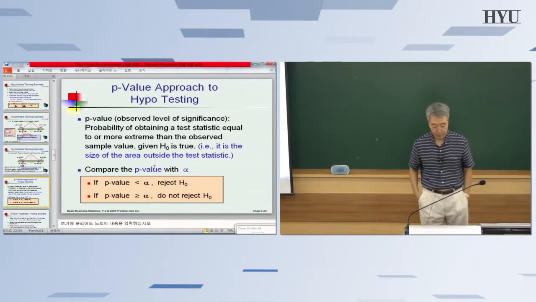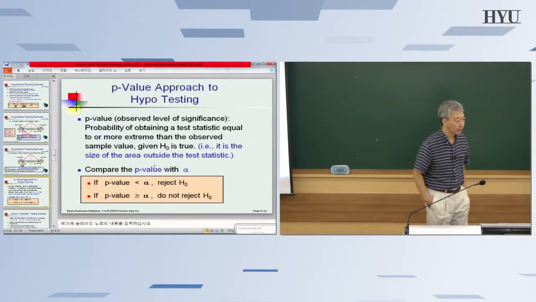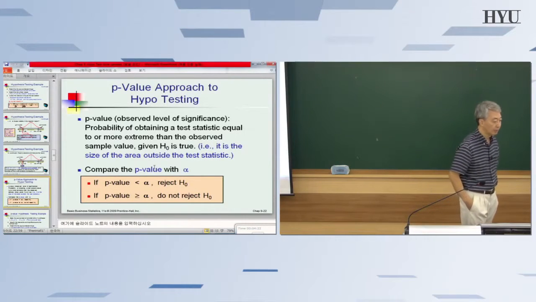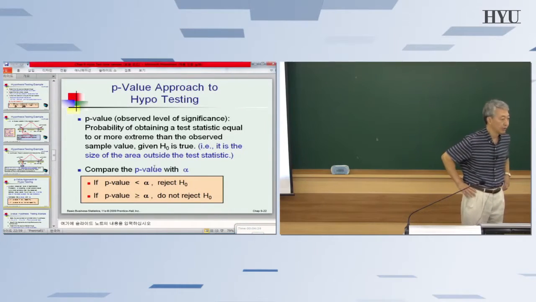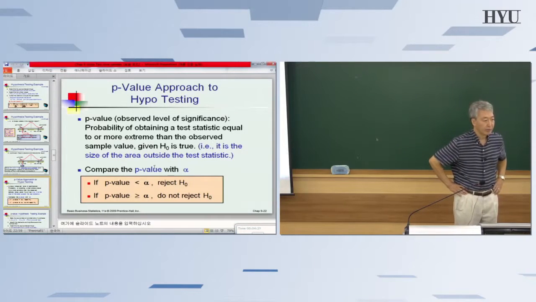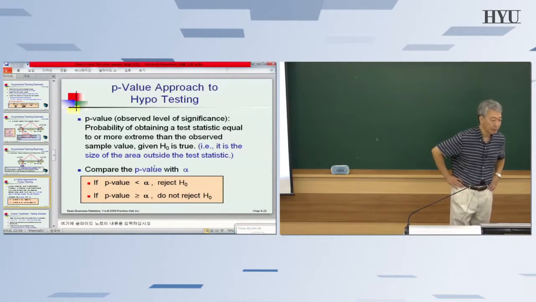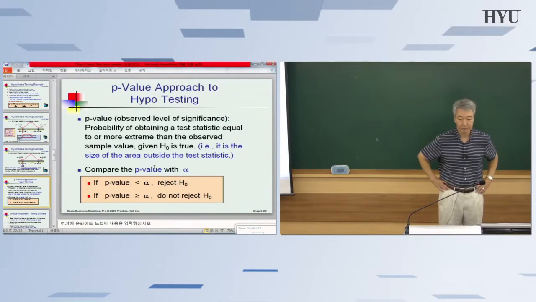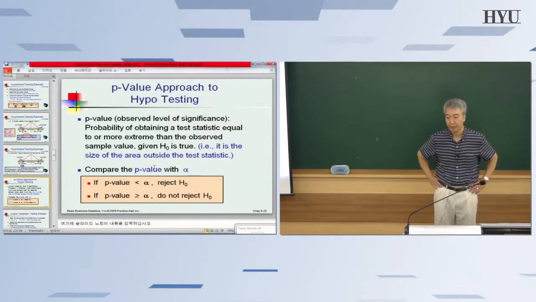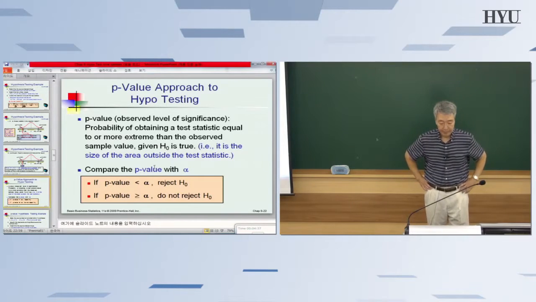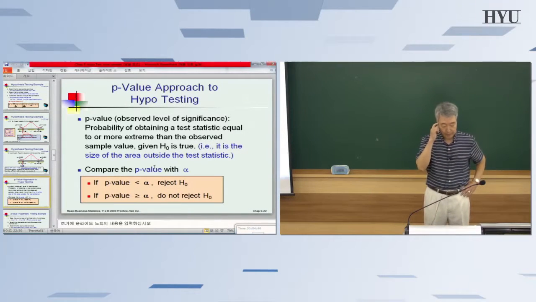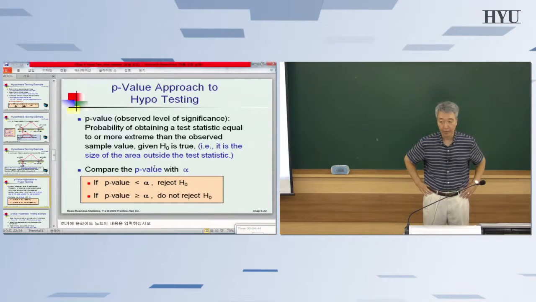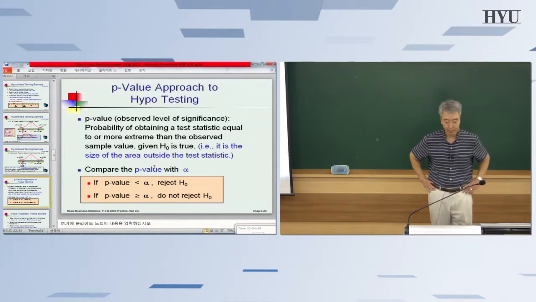In most actual real-life research, nobody uses the critical value approach. Everybody uses the p-value approach. It's very convenient, so please pay attention and learn how to do it. The p-value, the formal name is observed level of significance. Remember, alpha was the level of significance; p is the observed level of significance.